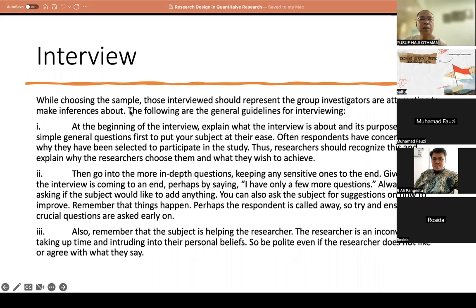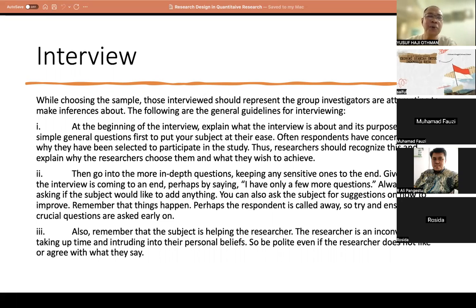The respondents of the interview must be persons who can provide information that will answer the research questions and research objectives.